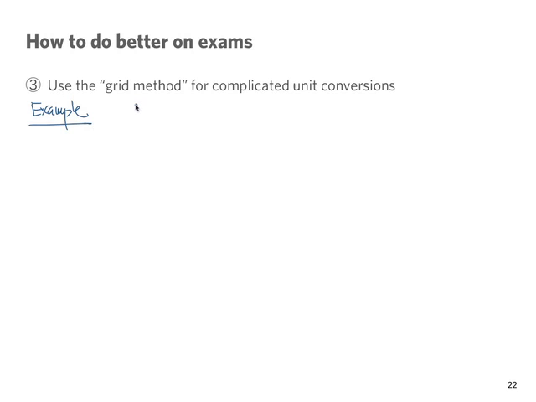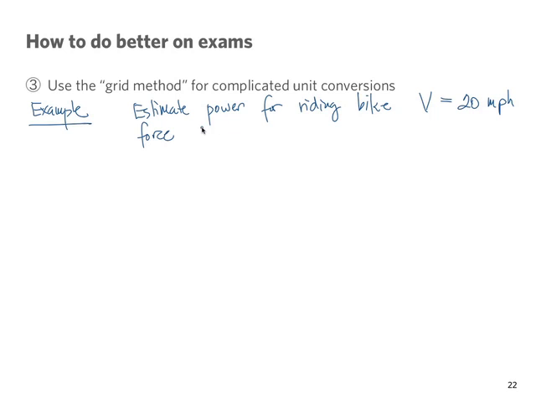We're asked to estimate the power required to ride a bicycle if the speed that we're going to ride is equal to 20 miles per hour, and we are told that the required force to move against the wind, so the drag force of the wind, is equal to 4 pounds force.